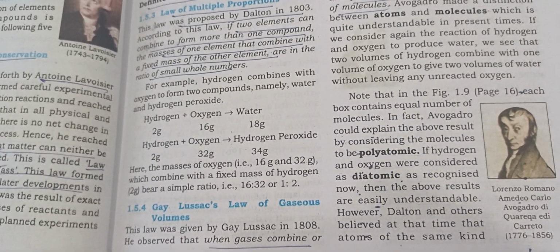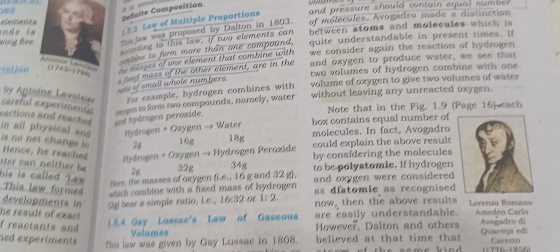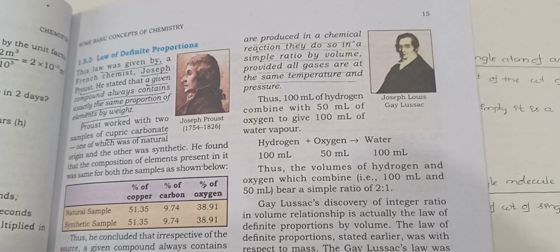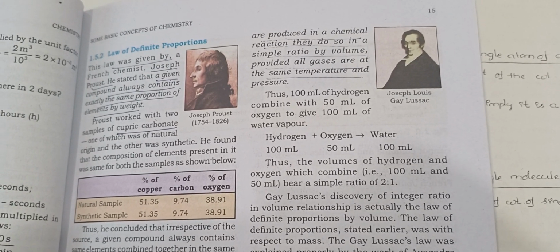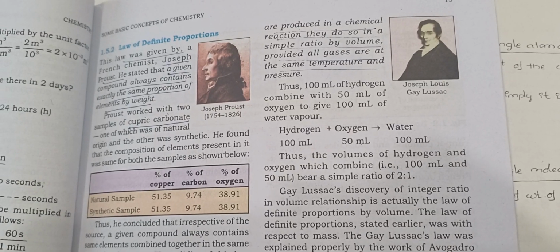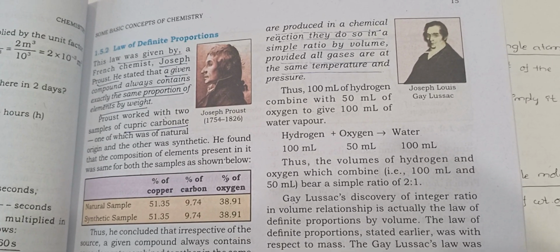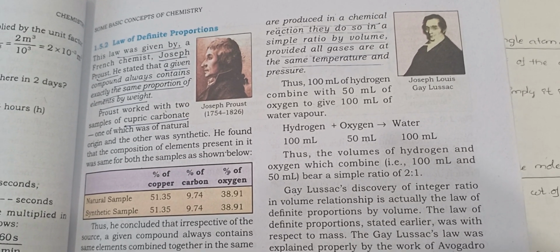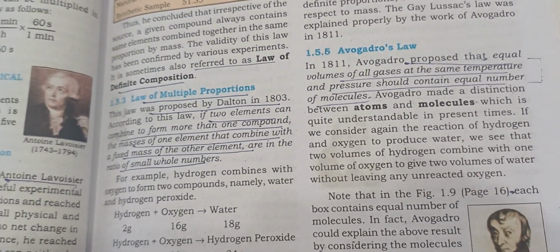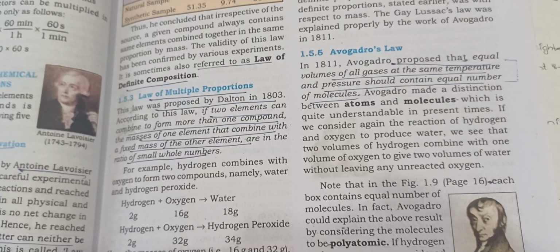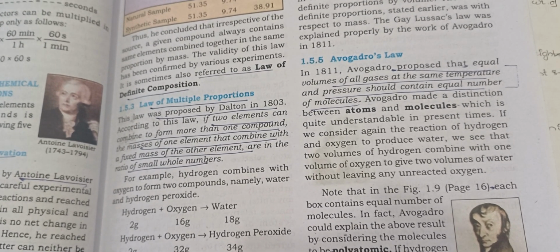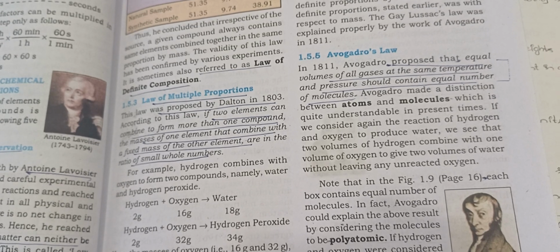Next, Gay-Lussac's law. When gases combine or are produced in a chemical reaction, they do so in a simple ratio by volume, provided all gases are at the same temperature and pressure. This was given by Gay-Lussac. Next comes Avogadro's law: equal volumes of gases at the same temperature and pressure contain an equal number of molecules.